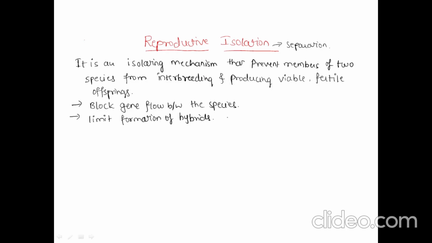Hybrids are those offsprings which are produced from interspecific mating. There are many barriers involved in this reproductive isolation. Most of the barriers evolve during speciation.